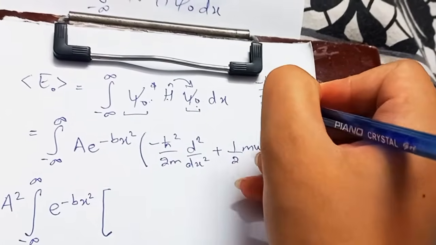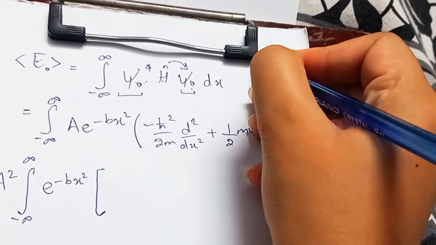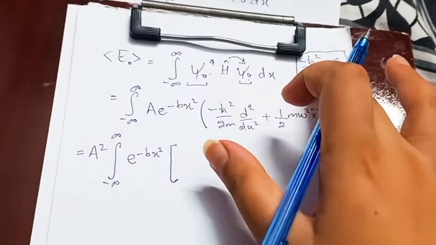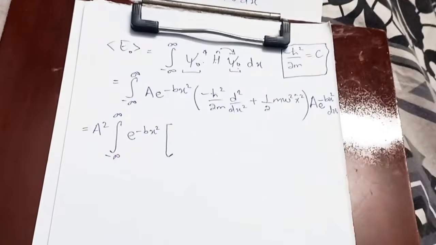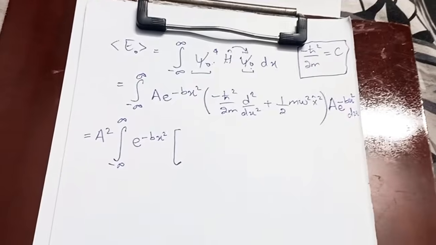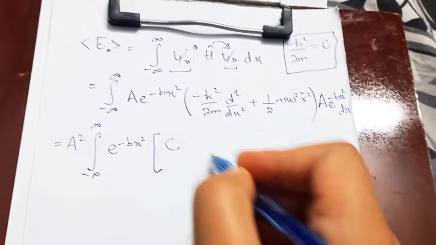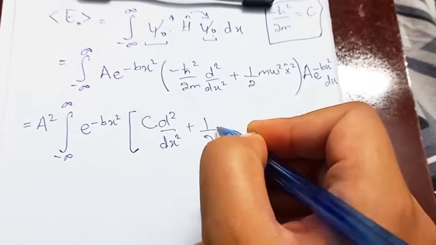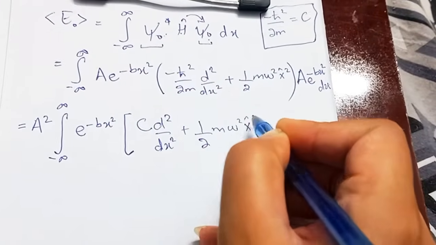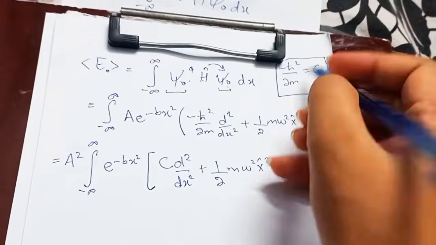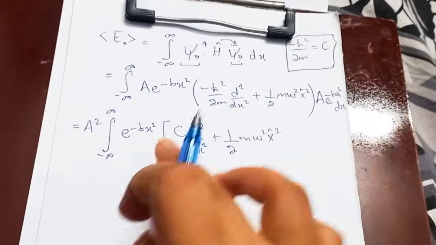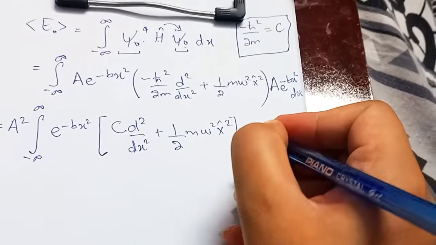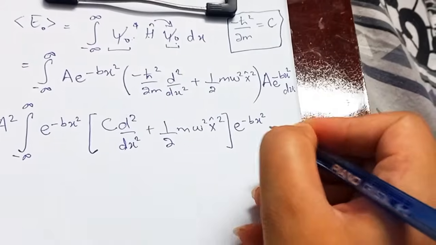I'll put its value right at the end just to avoid any complications, because this is something that we would have to write again and again in every step, and it makes it look messed up, like there are so many things being written here. So that is why I just let c be equal to this, and we'll put it at the end. And then we have e to the power minus b x squared dx.